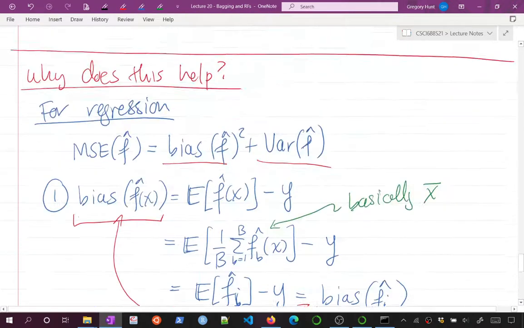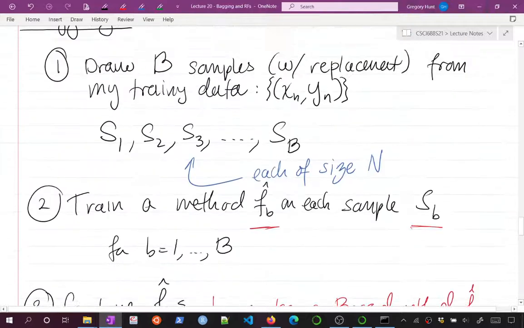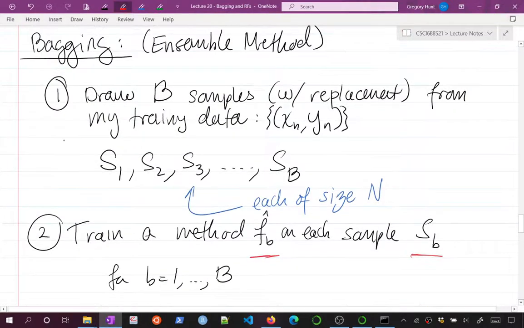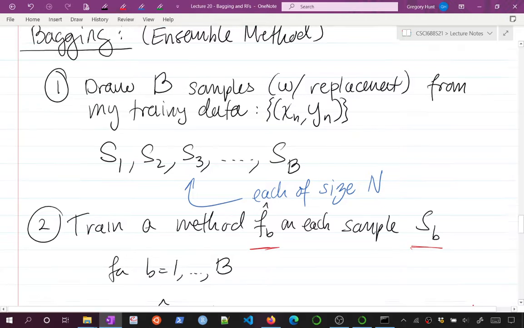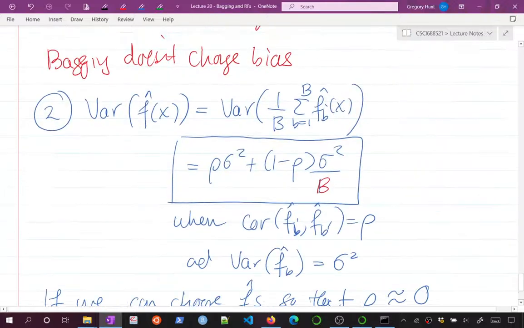And that is basically why we're doing this whole subsampling thing. Hopefully, if we do it correctly, we'll get rho close to 0. So we'll have to think about how we're going to build classifiers where that rho is approximately equal to 0.